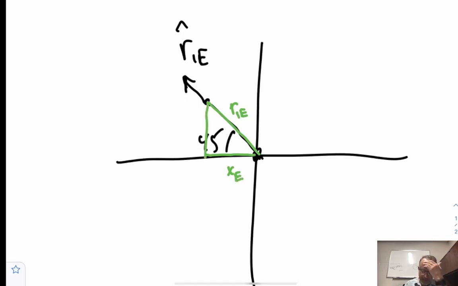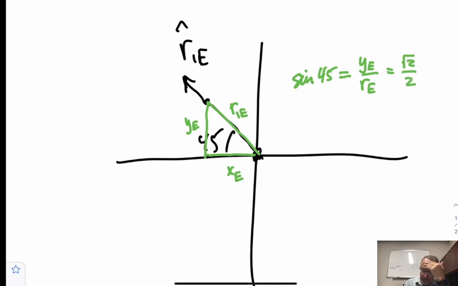What we know is that the angle is 45 degrees. So we know that the sine of 45 is opposite over hypotenuse, and the sine of 45 degrees is the square root of 2 over 2. We know the cosine of 45 degrees is also XE over RE, rather, adjacent over hypotenuse.